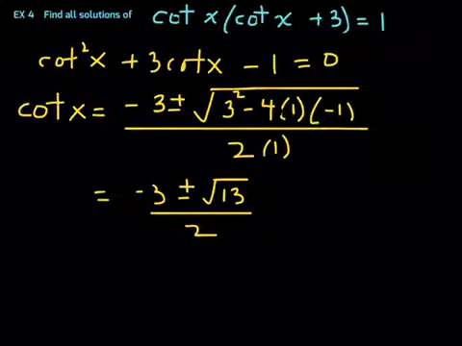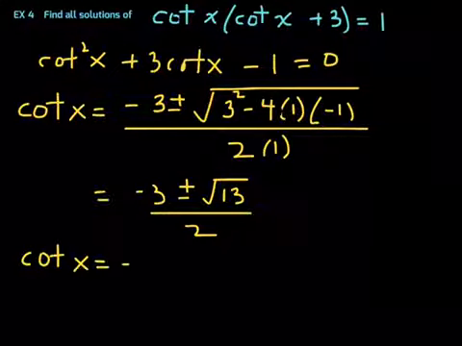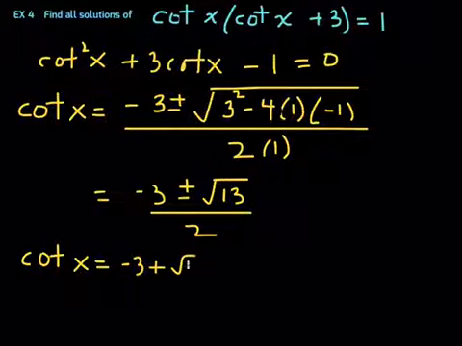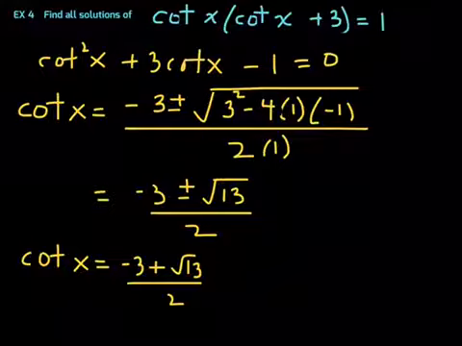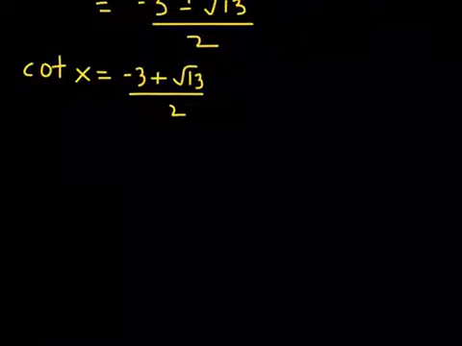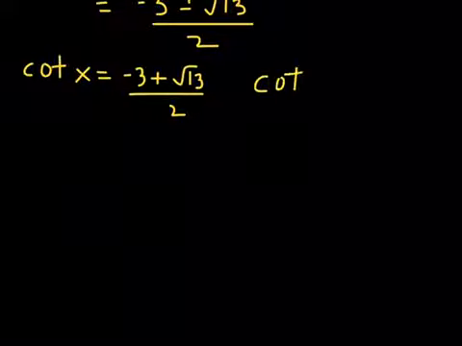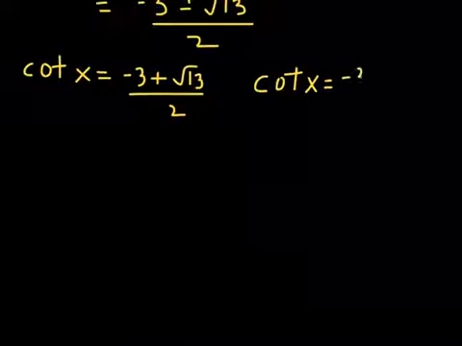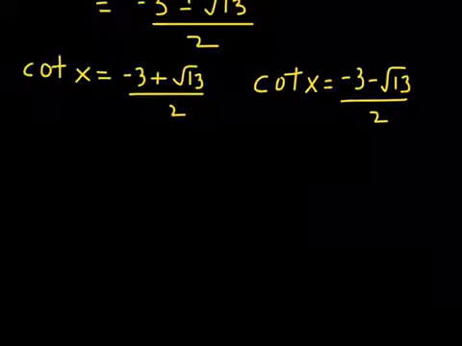Okay, so let's see. Cotangent of x would be equal to negative 3 plus root 13 over 2, or cotangent of x would be equal to negative 3 minus root 13 over 2. Okay, cool. Now you can use a calculator to get an approximation here.